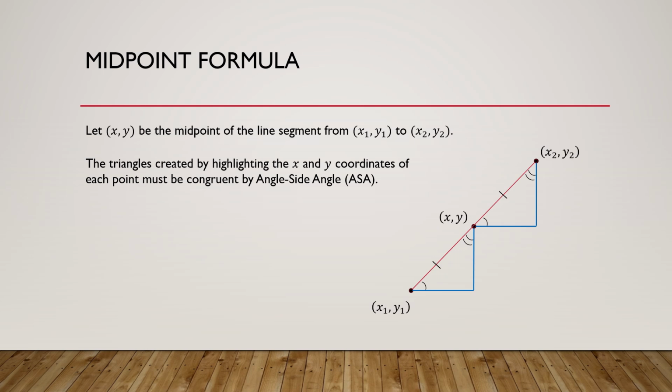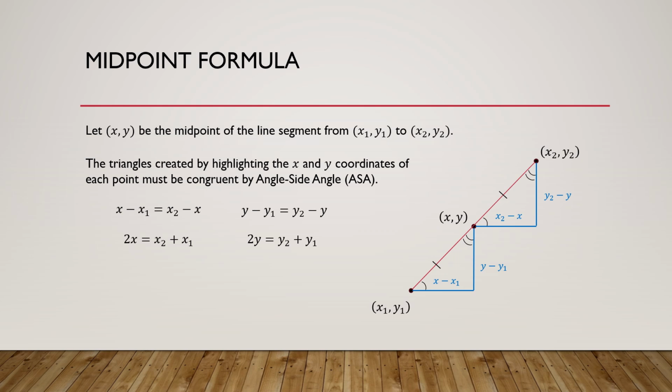From this, we can establish the sides of the triangles as y2 minus y, y minus y1, x2 minus x, and x minus x1. This means x minus x1 is equal to x2 minus x, and y minus y1 is equal to y2 minus y. Add x1 and x to both sides of the equation to get 2x equals x2 plus x1, and likewise add y and y1 to both sides to get 2y equals y2 plus y1.